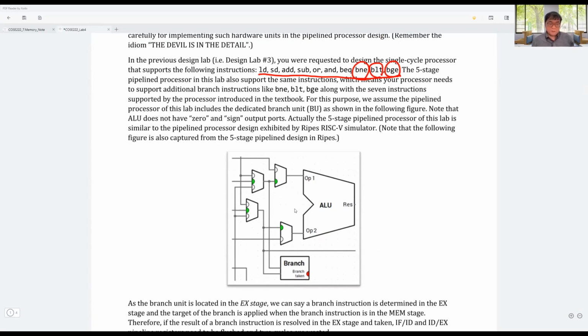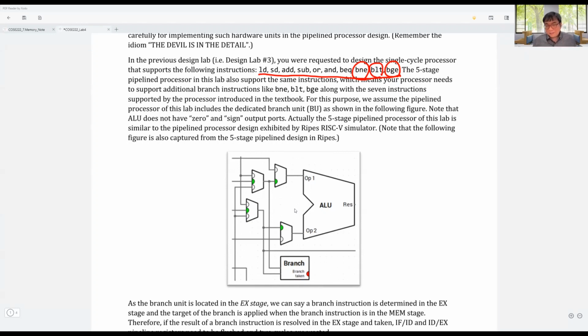It is because the 5-stage pipeline processor introduced in the textbook has some significant, not errors, some significant design drawbacks. One student found this drawback.